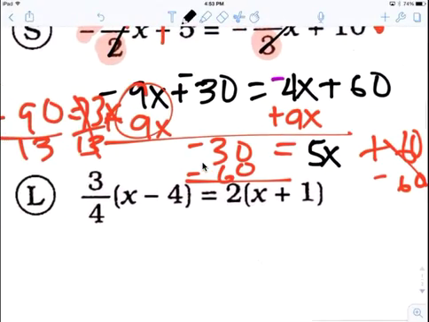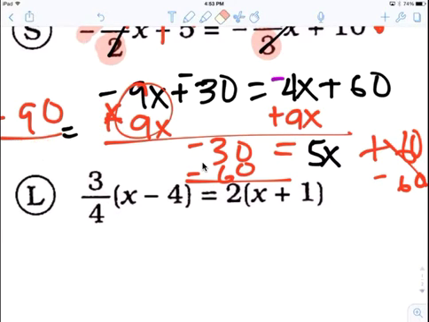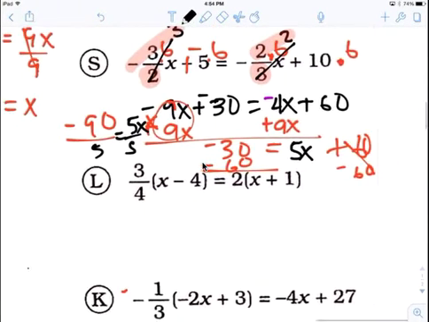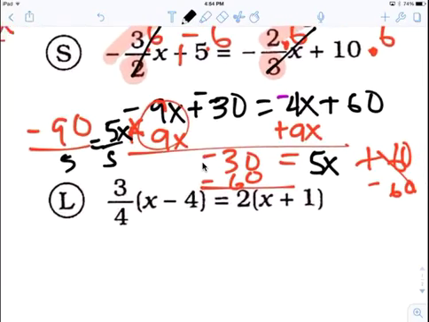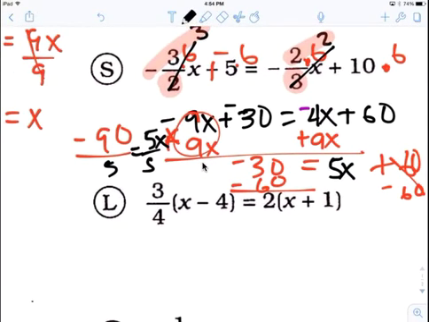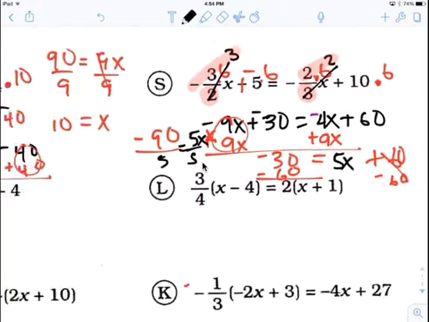So I divide by, instead of 13, I divide by 5. Positive 5. My answer is a negative 18. I think so. 18 times 5. Yeah, negative 18.